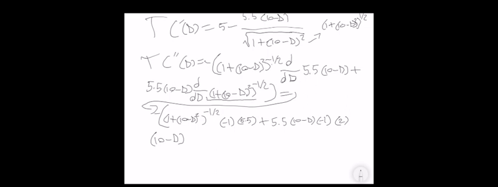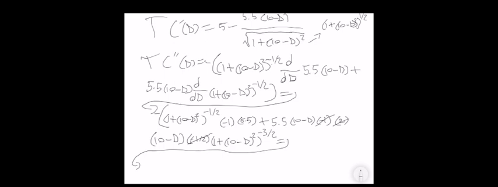And now from the outer part of that, we have -1/2 times (1 plus (10 minus d) to the second), and then to the -3/2. We can simplify this so it equals, then the negative symbol crosses out with the negative symbol on the 1/2, and the 2 can cancel out with the 1/2 because it just equals 1.